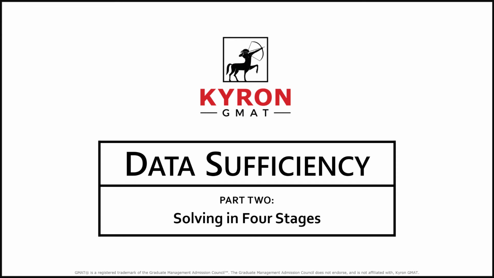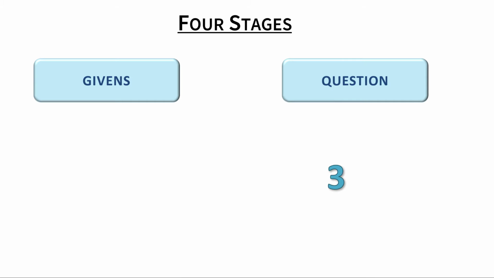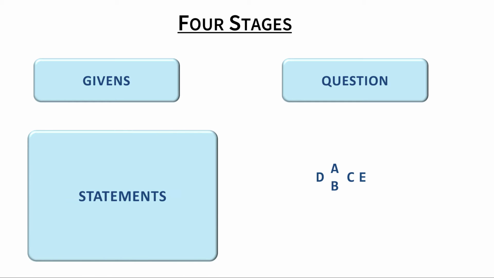The solution method consists of 4 stages. One is to write down the givens, any information in the main body of the problem outside of statements 1 and 2. 2 is to write down the question, 3 is to write down the DABC grid, and finally 4 is to process the statements.